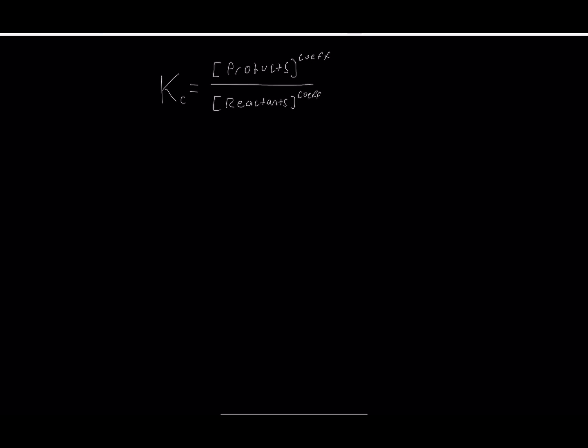So if we had, let's say, NaCl solid is in some equilibrium with Na plus aqueous plus Cl minus aqueous, only Na plus and Cl minus would be in this expression, and there would be no NaCl in the denominator, right?